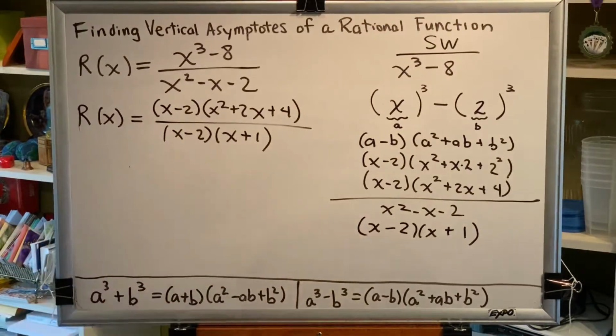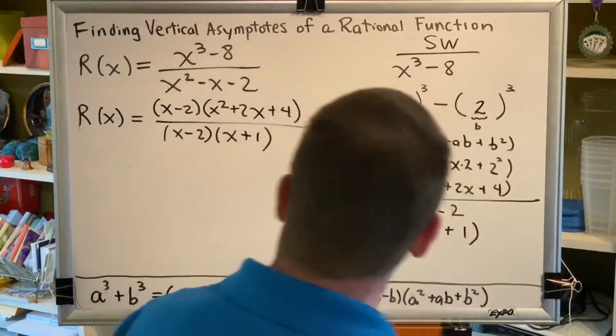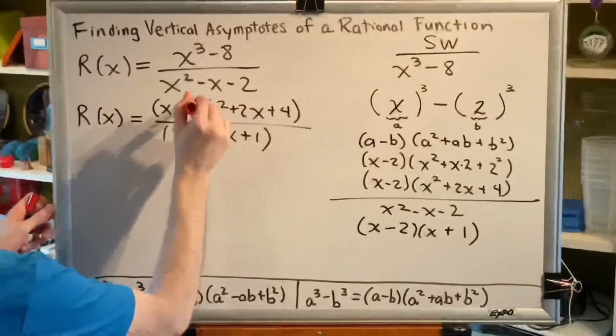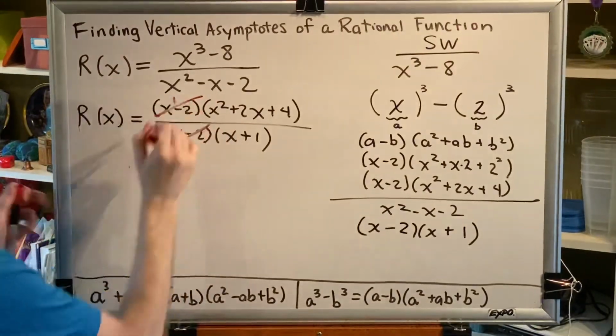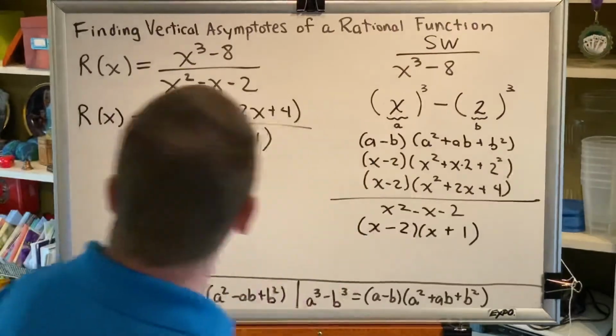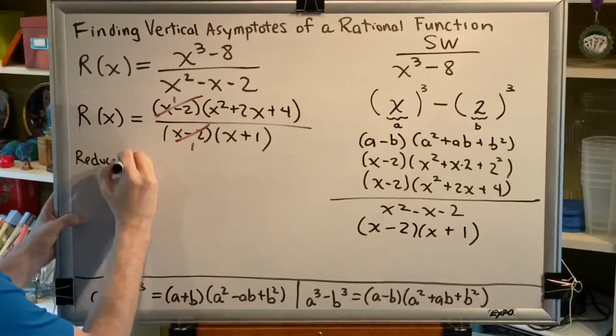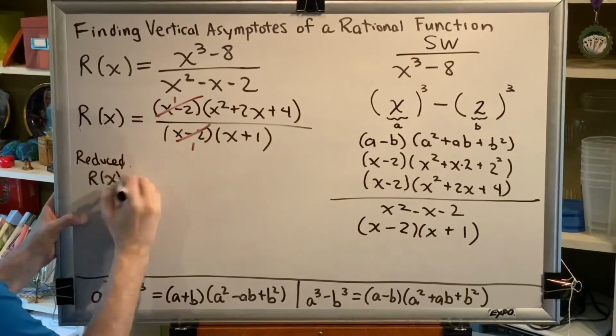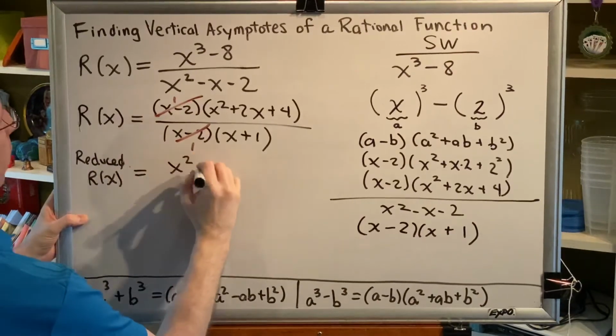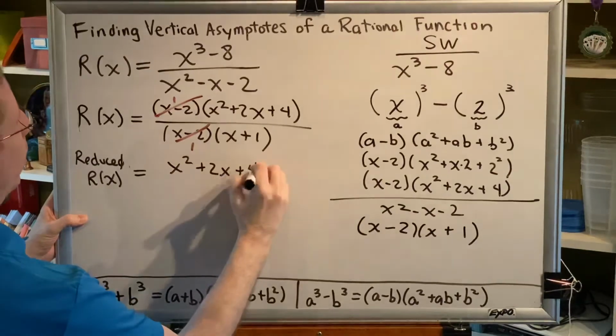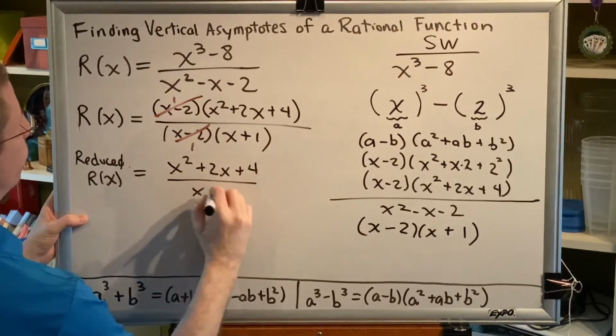The next step is to reduce. Once again, I see I have a common factor top and bottom, so that's going to cancel to 1. Anything times 1 is itself, so now my reduced R of x is equal to x squared plus 2x plus 4 over x plus 1.